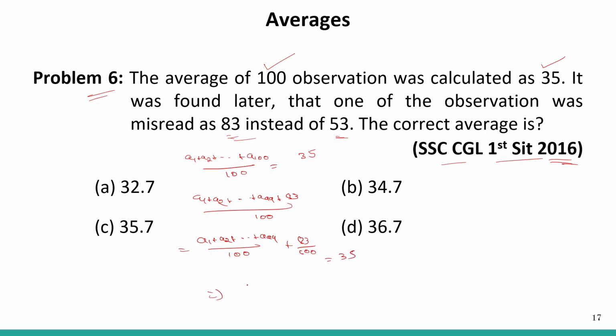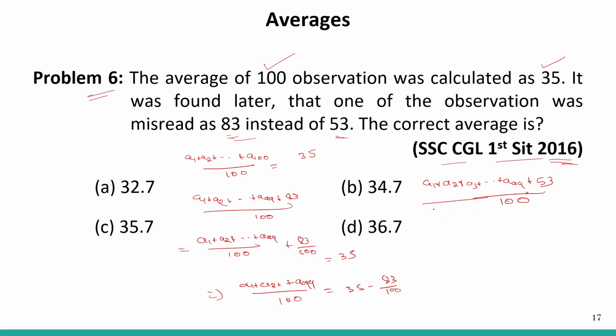So this implies that A1 plus A2 plus dot dot dot A99 whole by 100 is equal to 35 minus 83 by 100. What it should have been is 53, right? So A1 plus A2 plus A3 plus dot dot dot A99 plus 53 by 100 is the correct observation for the average.